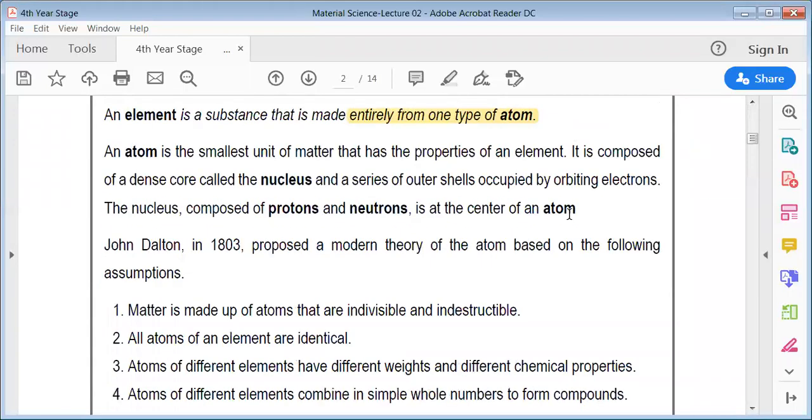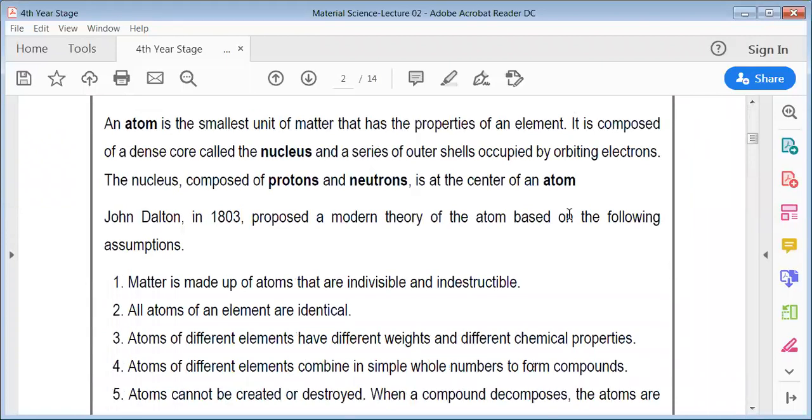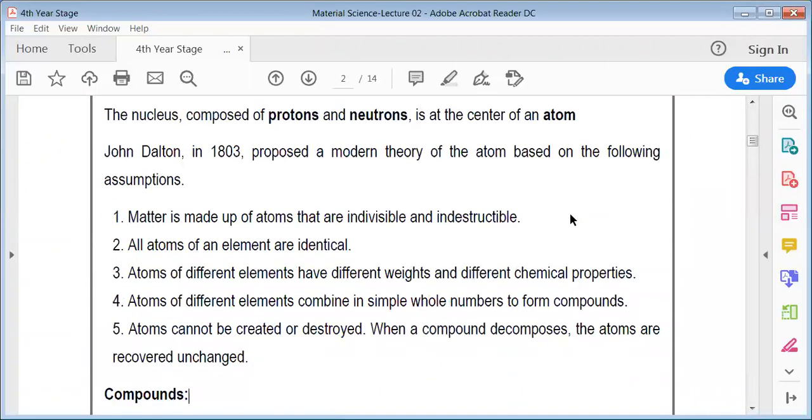Of course, Dalton is the first person who proposed a modern theory of the atom based on the following assumptions. He assumed the following things. Number one, he said matter is made up of atoms that are indivisible and indestructible.